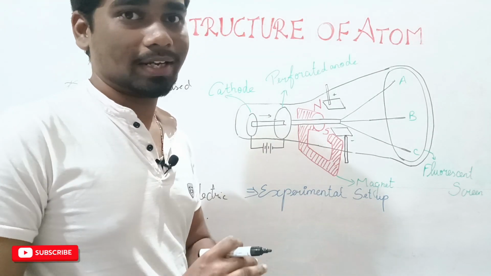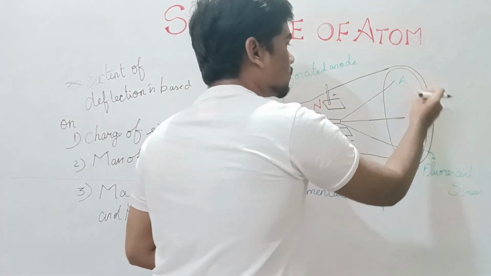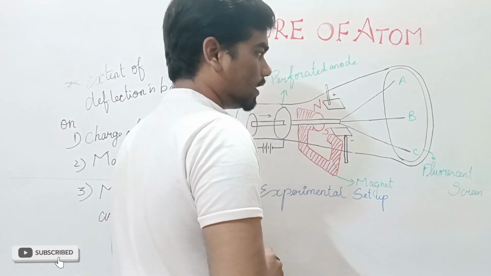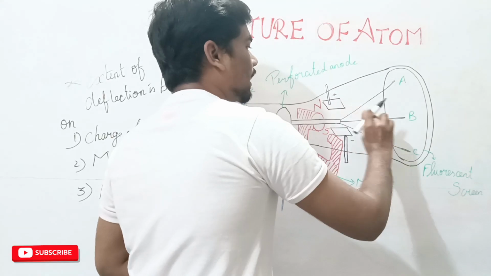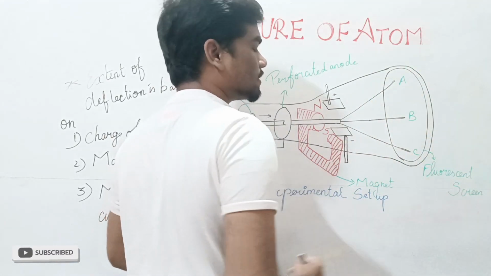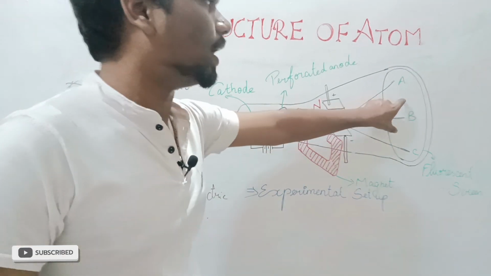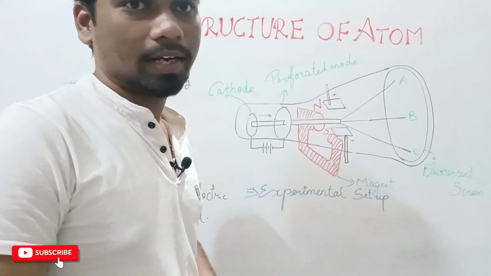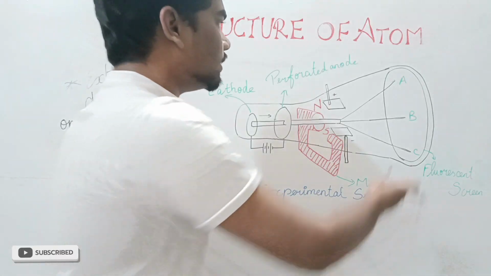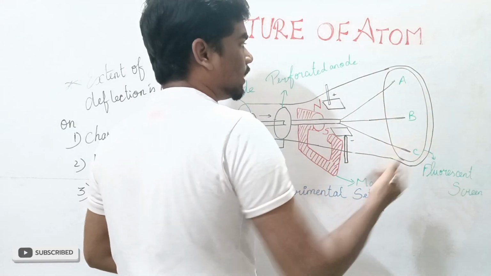In the same manner, here also we have a fluorescent screen, so that when these cathode rays deflect and hit this fluorescent screen, we will get a spark of color so that we can find the presence of these cathode rays. In that manner, under various conditions, these waves deflect into three directions.